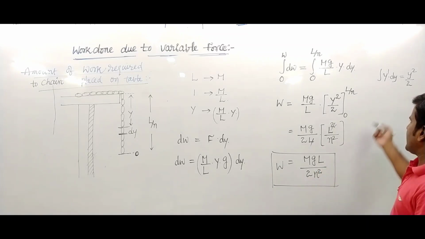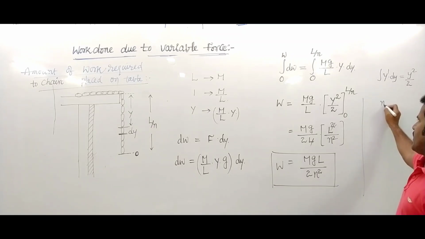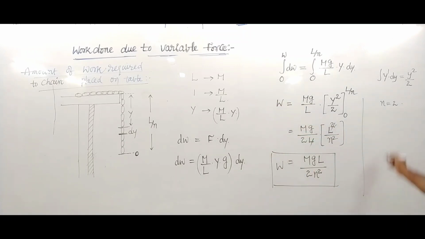If N is 2, that means half of the part is hanging outside, so L by 2 is outside. Then N becomes 2, and work done equals mgL upon 2 into 2 square, which is mgL upon 8.